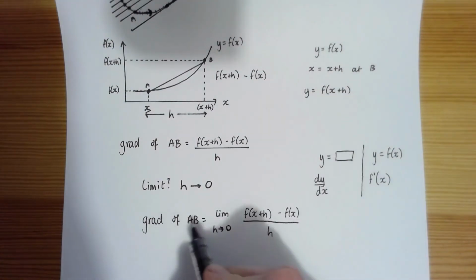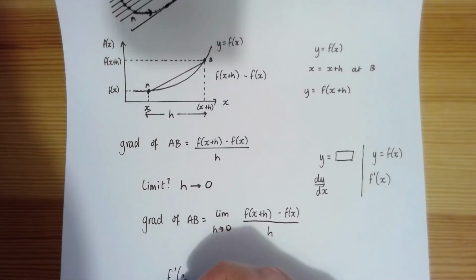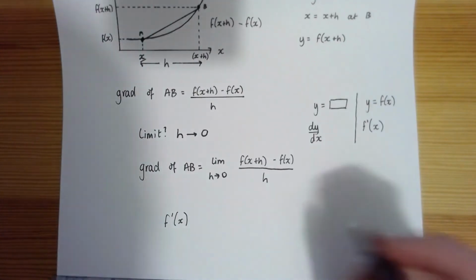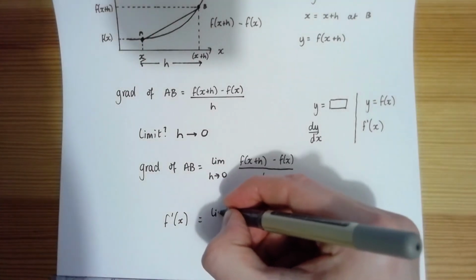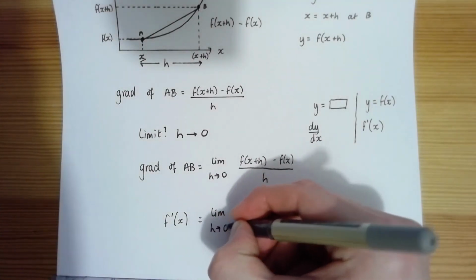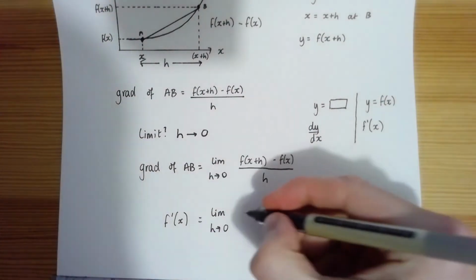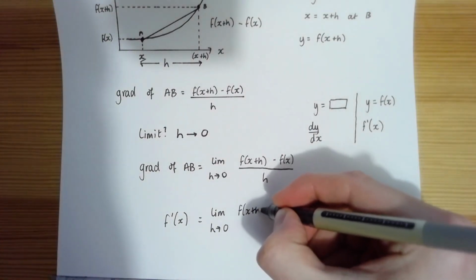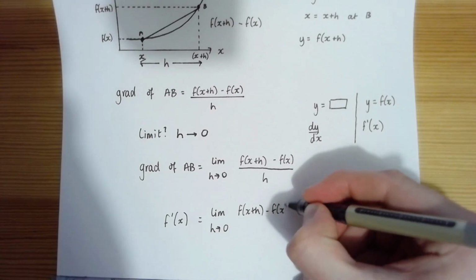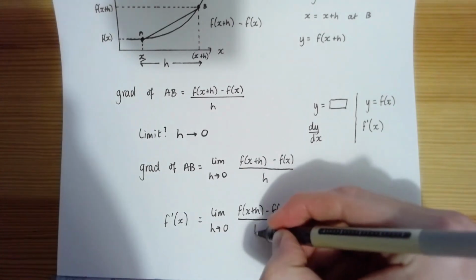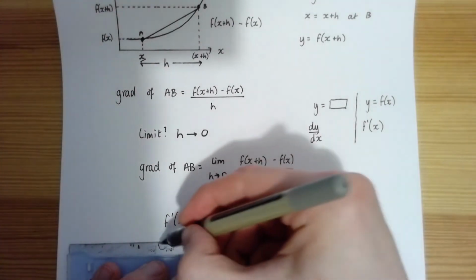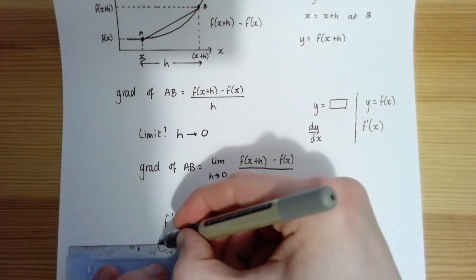So the gradient of AB can be replaced with f dash x, and then we're just going to write down the formula that we've worked out with our above working: the limit as h tends to 0 of f of x plus h minus f of x divided by h. And that is our first principles formula.